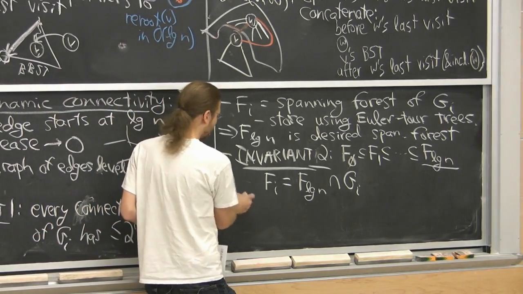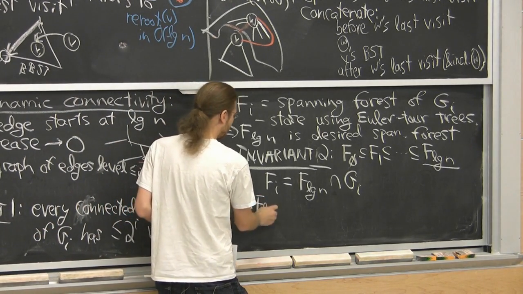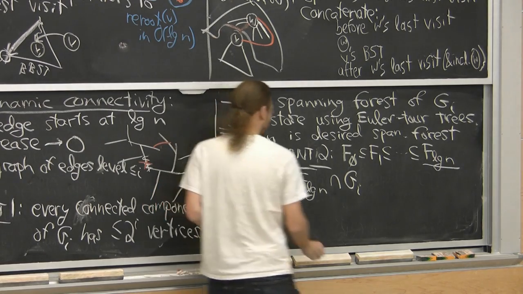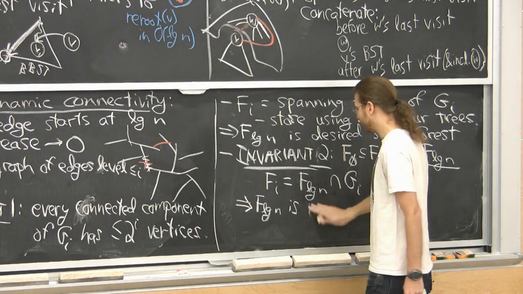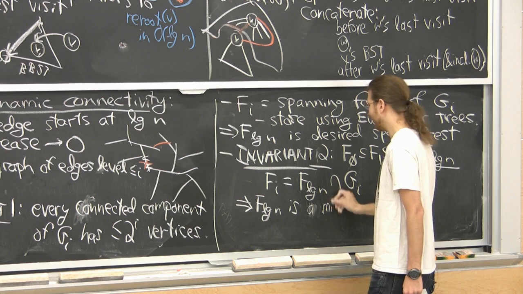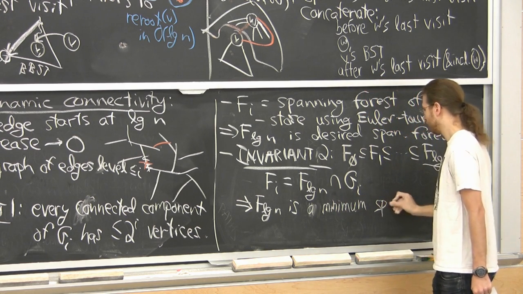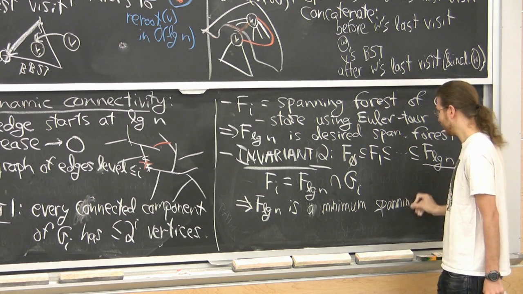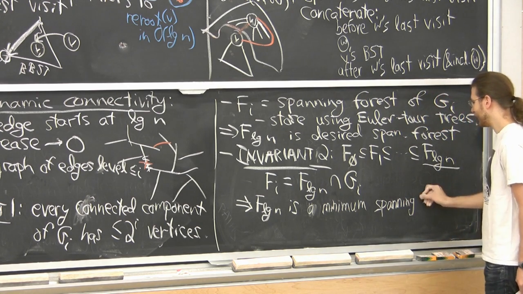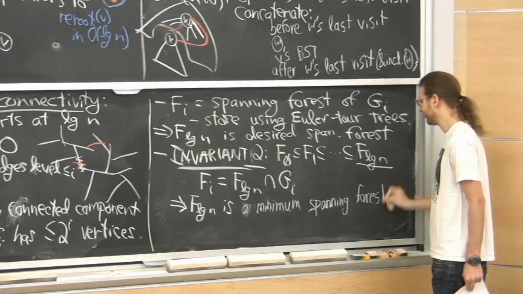Fun fact is that that forest, then, is actually not just any spanning forest. It's a minimum spanning forest with respect to level. Okay, you've probably heard of minimum spanning tree. Minimum spanning forest is just the analog for disconnected graphs.